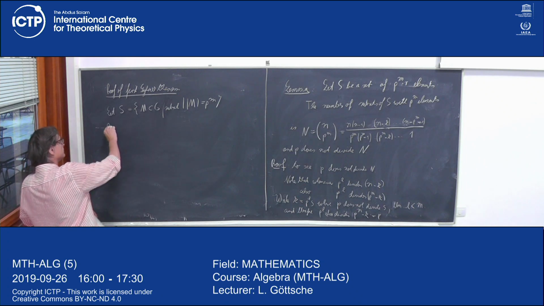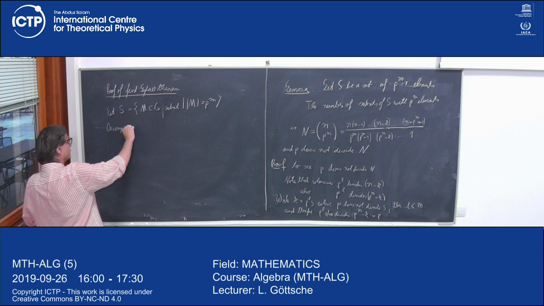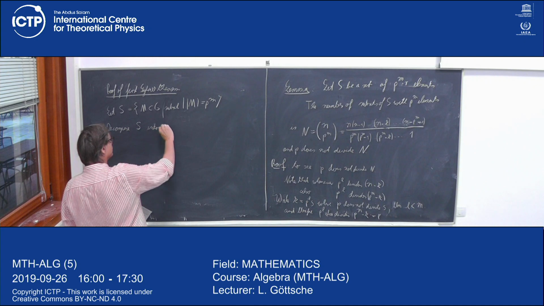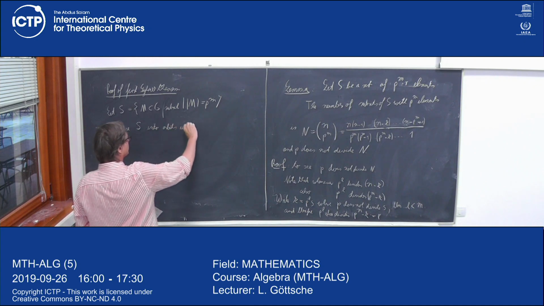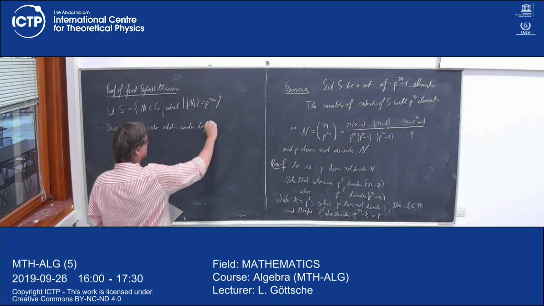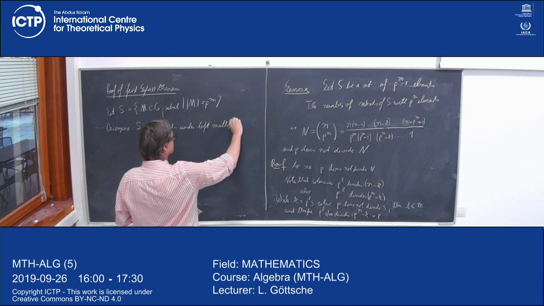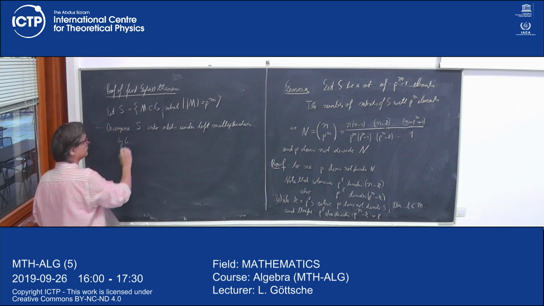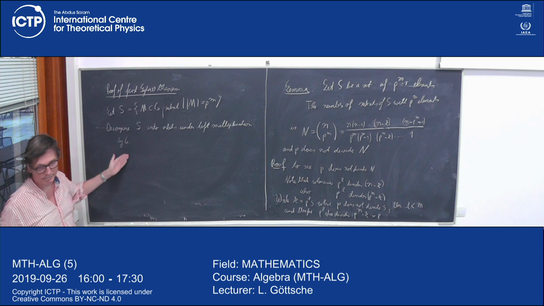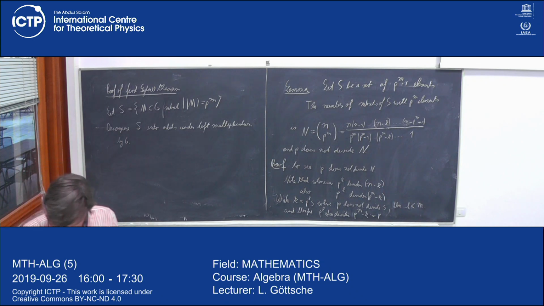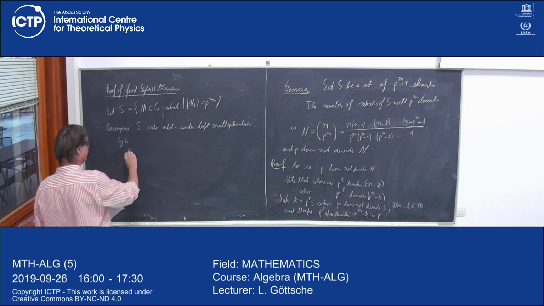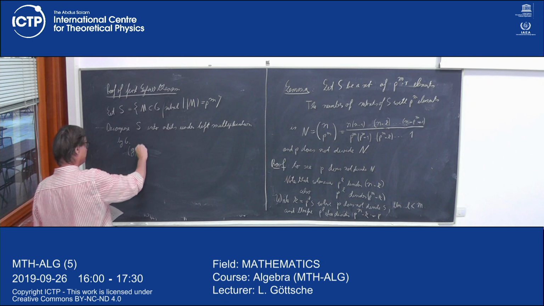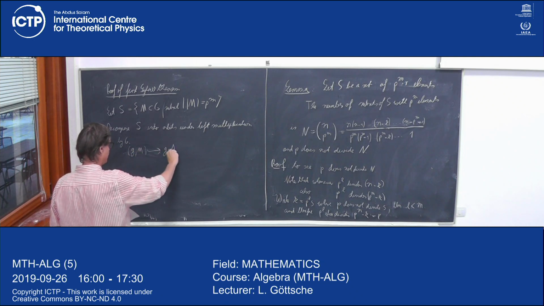So we decompose S into orbits under left multiplication by G. So the action on subsets induced by left multiplication: G times M, G comma M is sent to G times M.